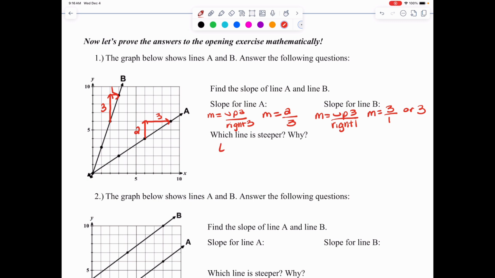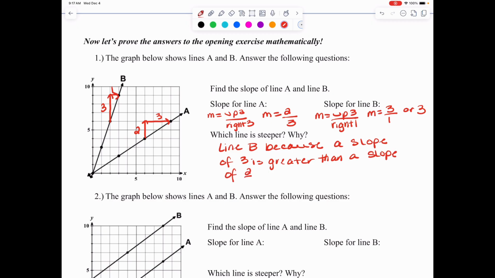So we'll say line B, because a slope of 3 is greater than a slope of 2/3. So you might even see it written like this: 3 is greater than 2/3. So since it had the higher number for slope, it's the steeper line.